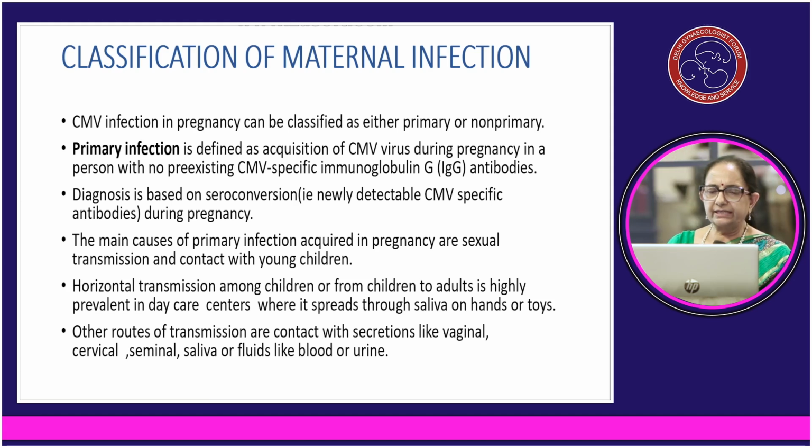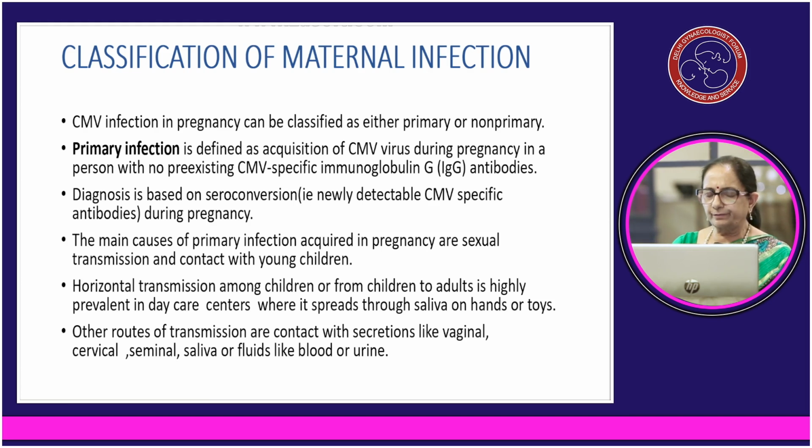CMV infection in pregnancy can be classified as either primary or non-primary. Primary infection is defined as acquisition of CMV during pregnancy in a person with no pre-existing CMV-specific immunoglobulin G antibodies. Diagnosis is based on seroconversion, that is newly detectable CMV-specific antibodies during pregnancy.